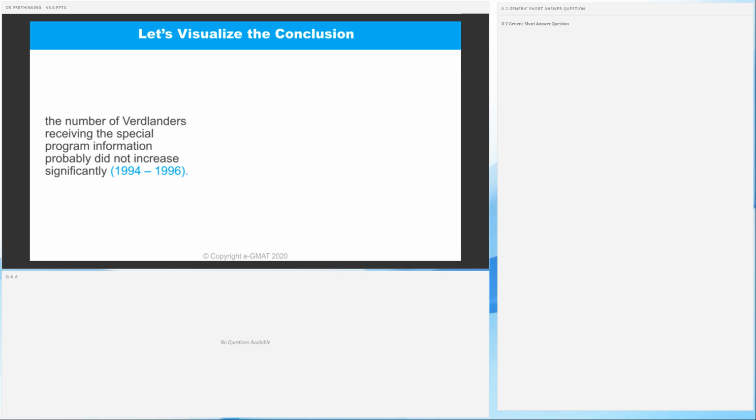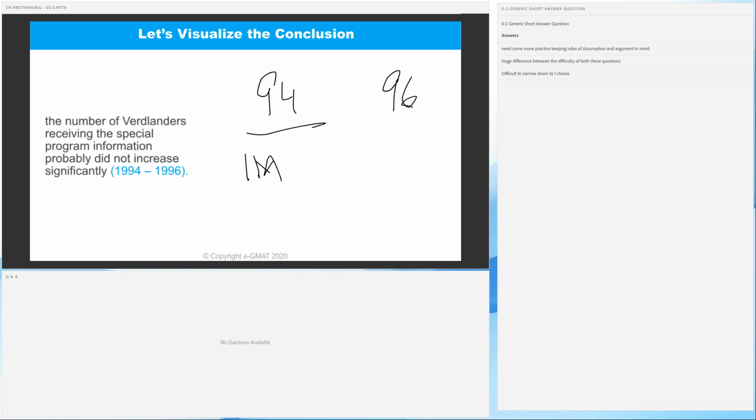Okay. So let's look at the conclusion of question number 1. We are on question number 1 overall. The conclusion says the number of Erlanders receiving special program information did not increase significantly in 1990 during this time period. So what it's saying is, if in 94 there were 1 million Erlanders who received this special program information, then in 96 that number was more or less 1 million.